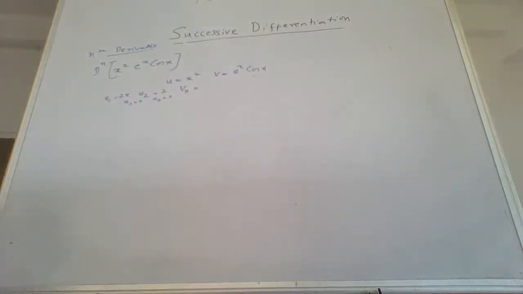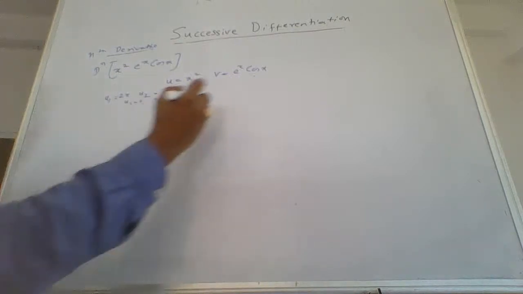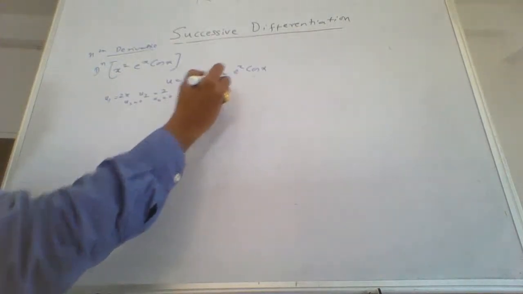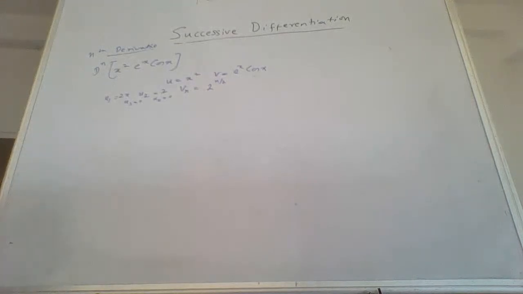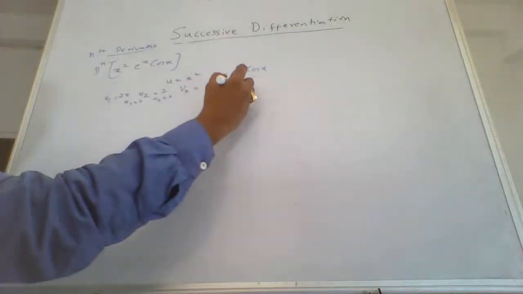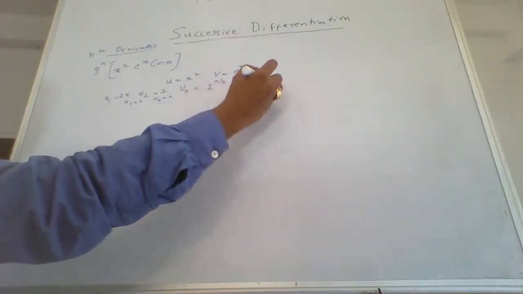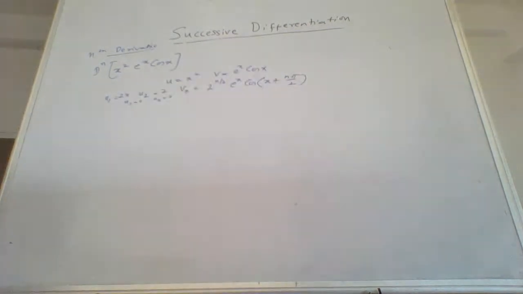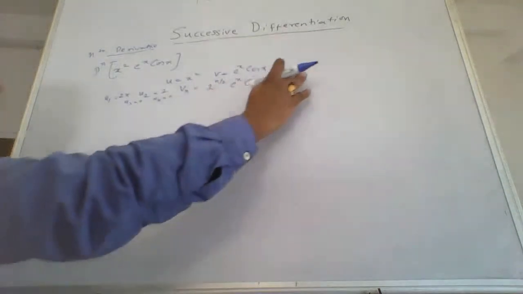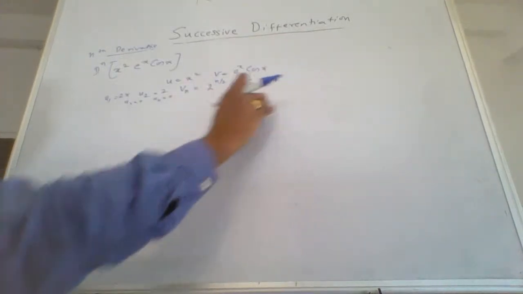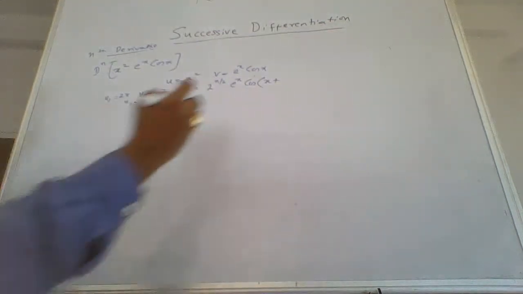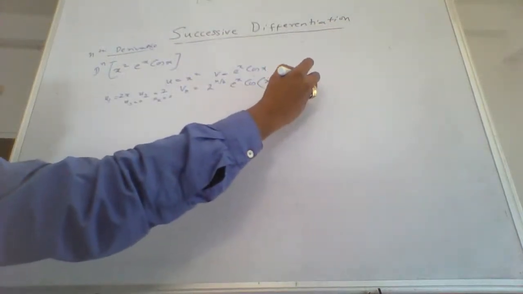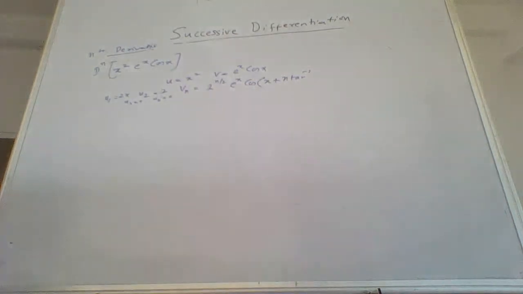So vn is 2 to the power of n by 2, and e to the power of x cos of x plus n times tan inverse of 1.